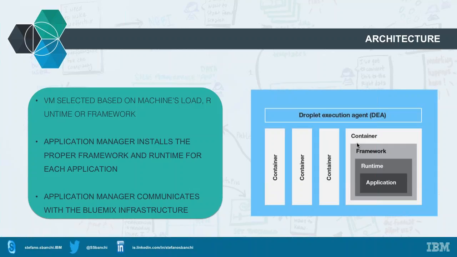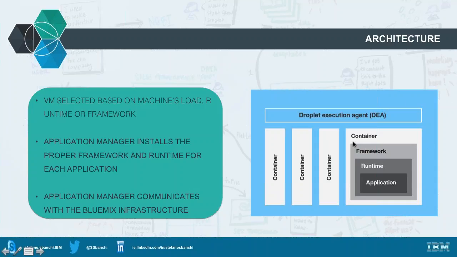So each execution environment, including both the backend services that you will host on Bluemix or your own web app, is completely isolated from the execution environment of other applications, even though these apps are on the same virtual machine, and in one physical machine you will have more than one virtual machine.